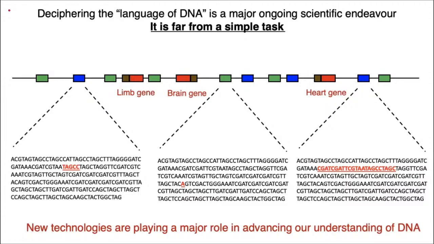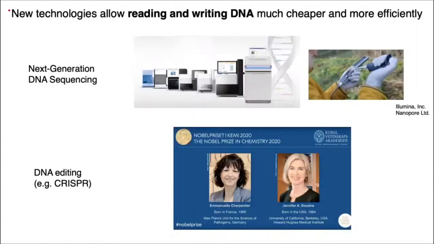There are some new technologies that are playing a major role in advancing our understanding. I want to highlight two here. They are technologies to read and to write DNA. The first one is next generation DNA sequencing. It's been evolving a lot in the last 15 to 20 years.